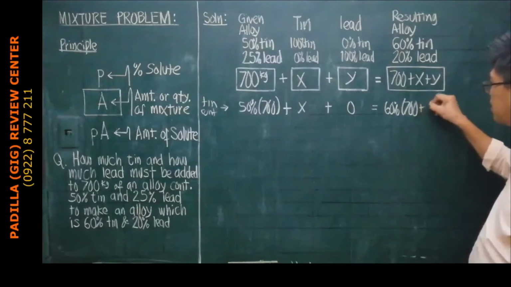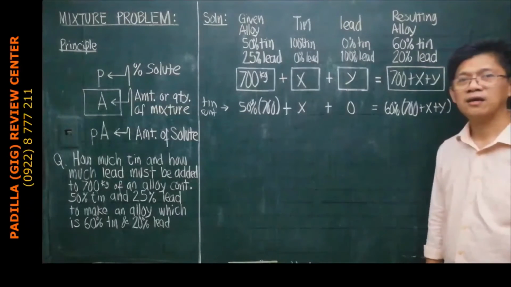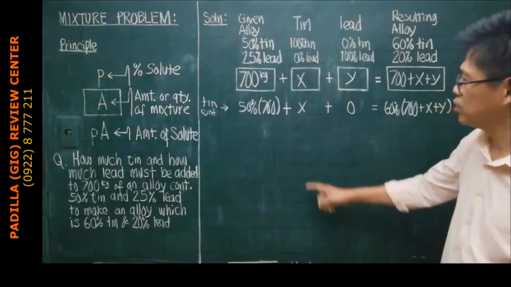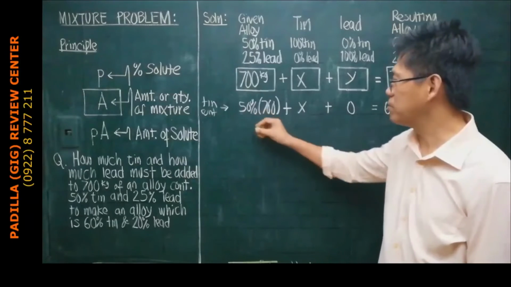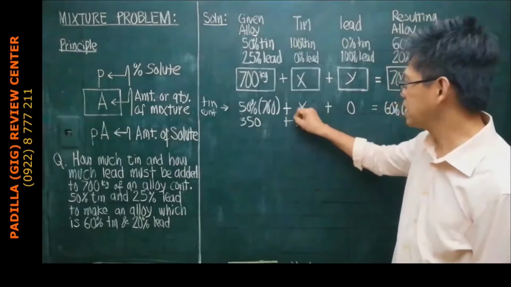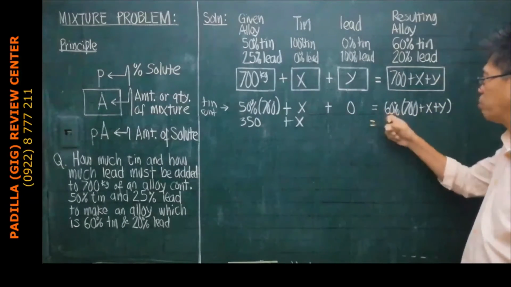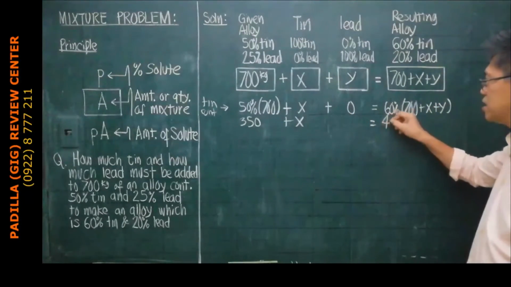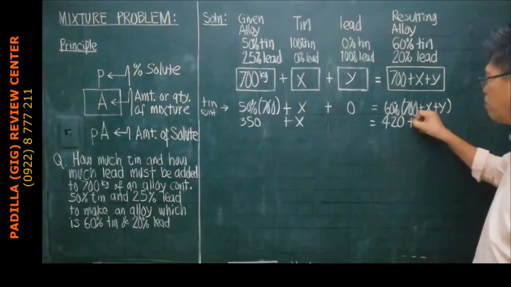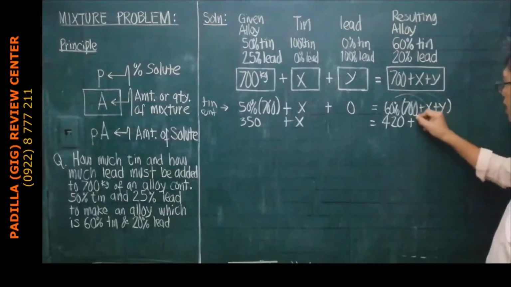60% of 700 plus X plus Y is tin. We simplify this. You have 0.5 times 700, this is 350, plus X plus 0 is equal to 0.6 times 700, this is 420, plus 0.6x, 0.6y.